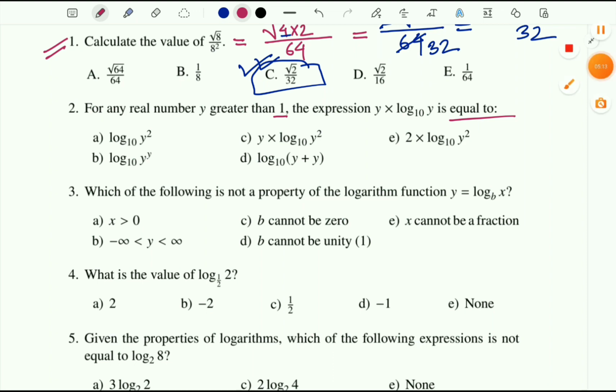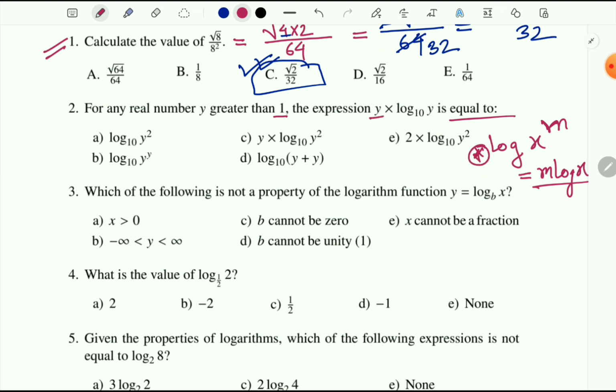We know a formula like this: if log x has a power 2, or let's say m in general, we can write it this way: m log x. So this is a formula. Here y is given like this, so we can write this as a power of y. So that means our answer is B.